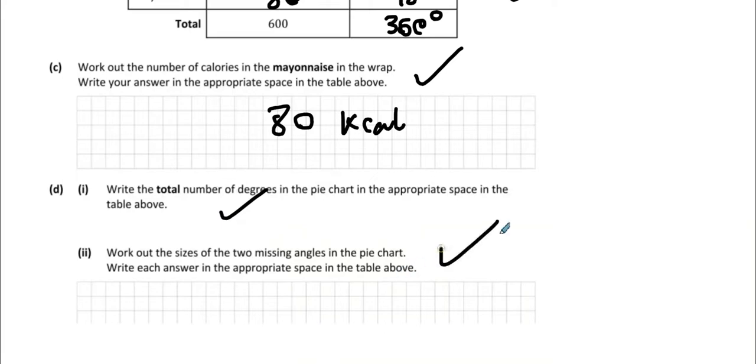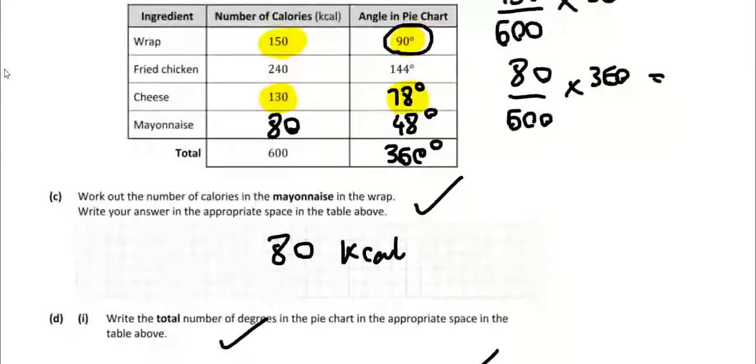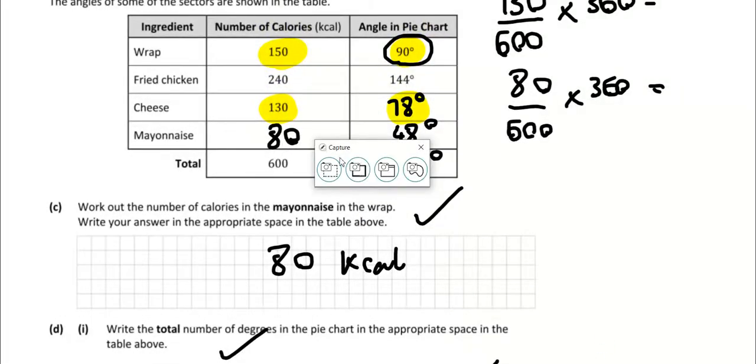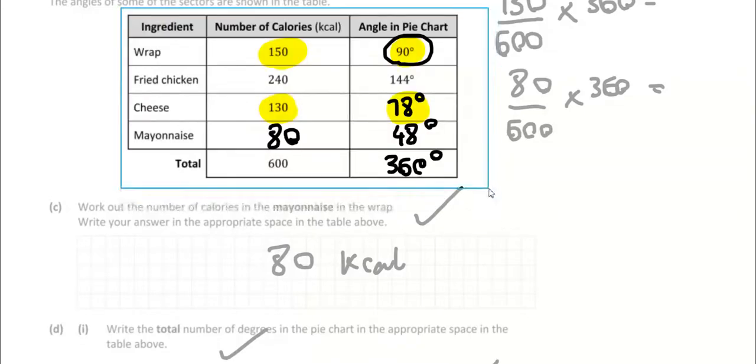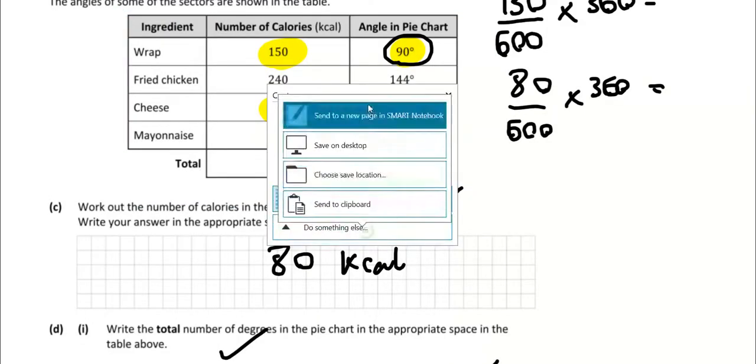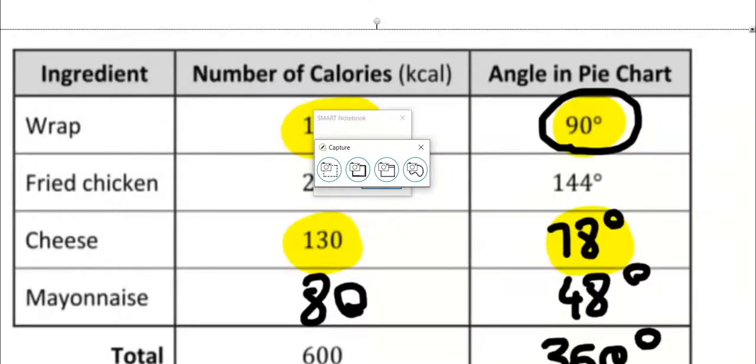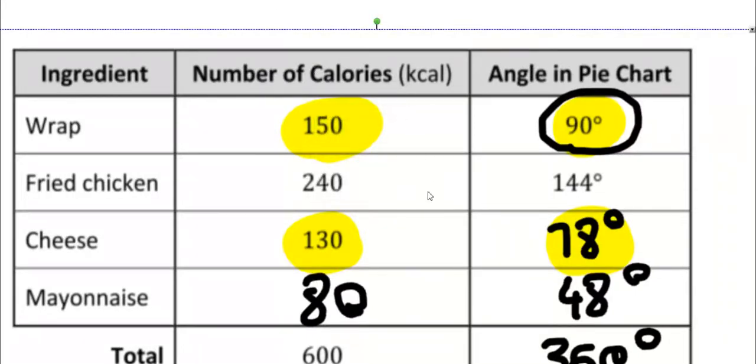Yeah, we did all that already, didn't we? We actually worked out the table already. So, I need to take this picture here and I need to bring it to the next page with me. Need to shrink it down. All right, lads.